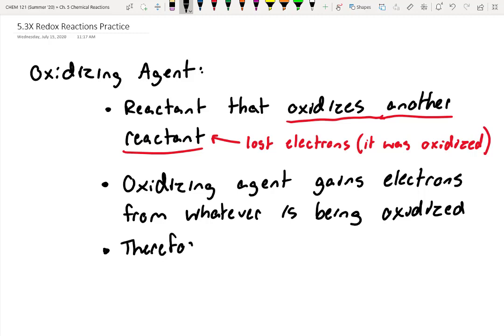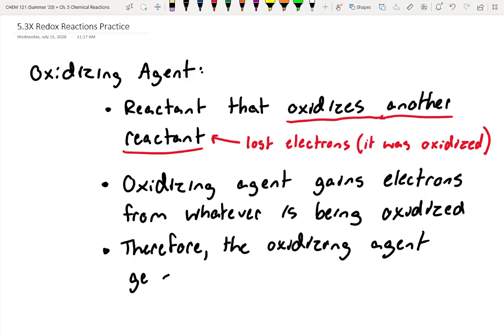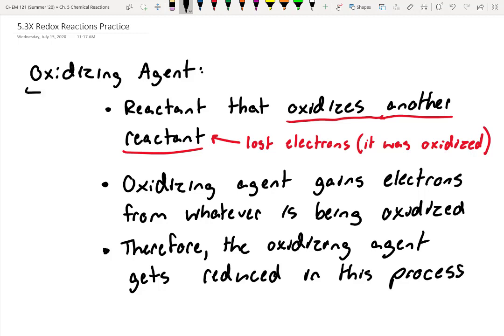So therefore, the oxidizing agent gets reduced in this process. And this used to always throw me off as a student, where I was like, shouldn't an oxidizing agent get oxidized? No, it's oxidizing something else. Therefore, it's getting reduced. So it's kind of the flip-flop of that.